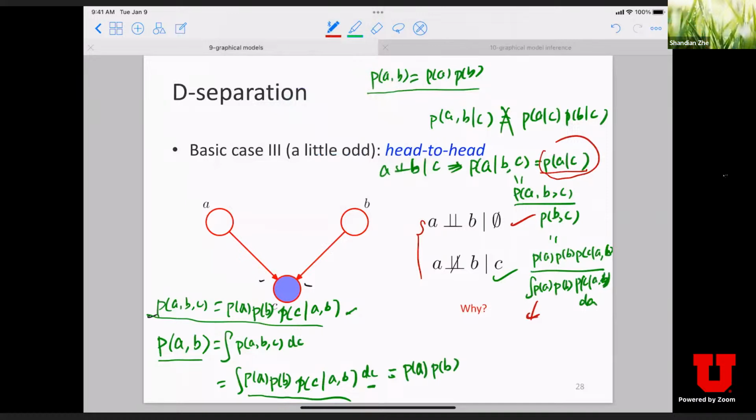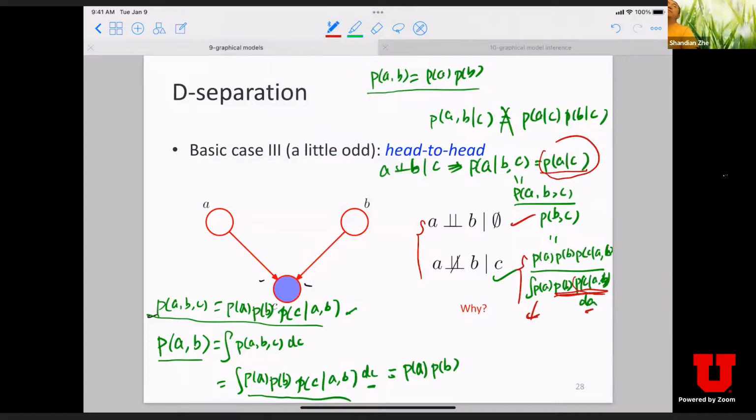Then you need to check if, in general, you can simplify this fraction by removing B. And in fact, it's not possible. The reason is that when you do this integration, you couple B and C. Because in this conditional probability, you're going to integrate out A. So in this integration, you always couple B and C, and you cannot cancel B out.